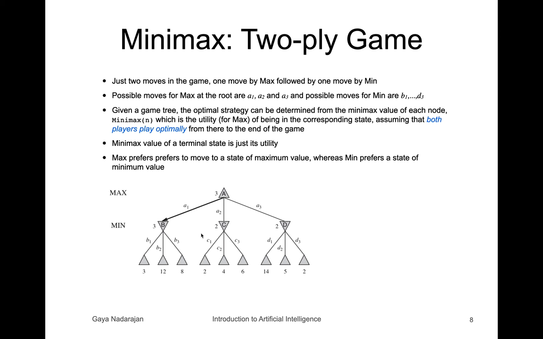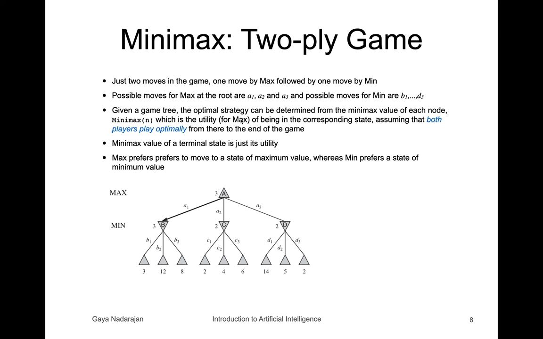And then Min can take these moves after Max has made A1, and Min, who is represented by the downward triangle because Min is always trying to minimize Max's moves, will have these possibilities. So given a game tree, the optimal strategy can be determined from the minimax value of each node.